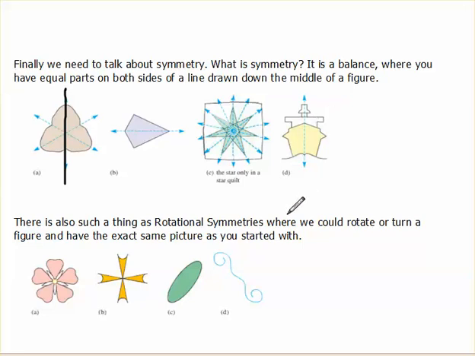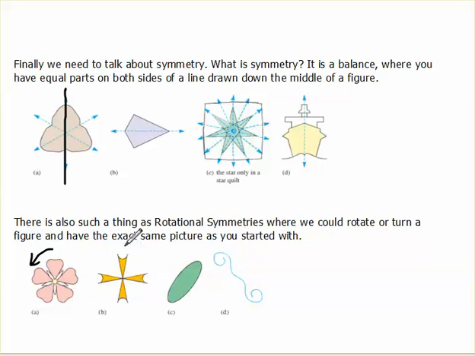Now we could also rotate those, and that would be called rotational symmetry, if we could rotate the figure and have the exact same picture that we started with. So for instance, this flower here, if I were to rotate this a little bit this direction, then this flower petal would end up over here, this flower petal would end up over here, and we'd have the exact same picture as we started with.